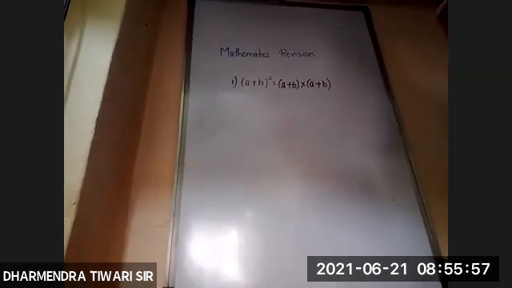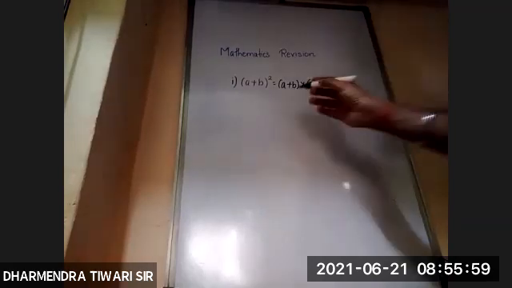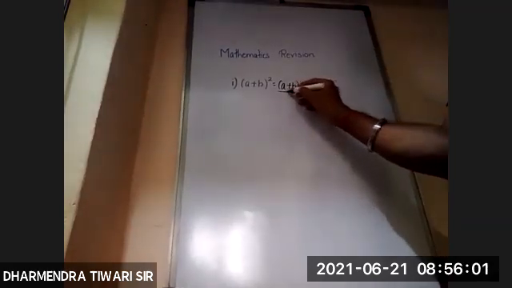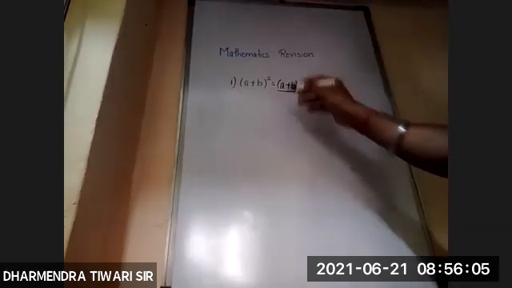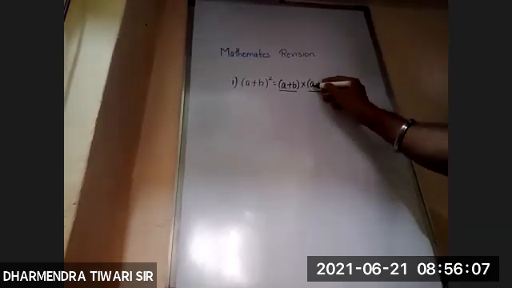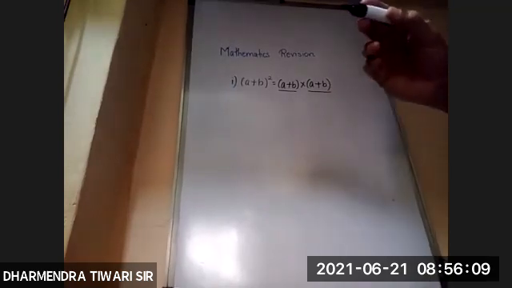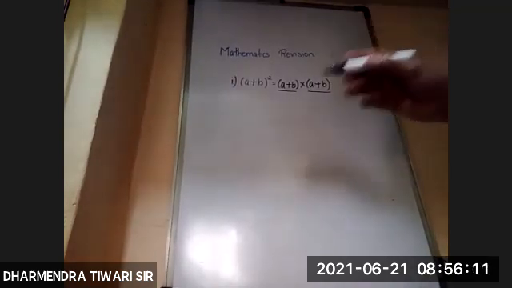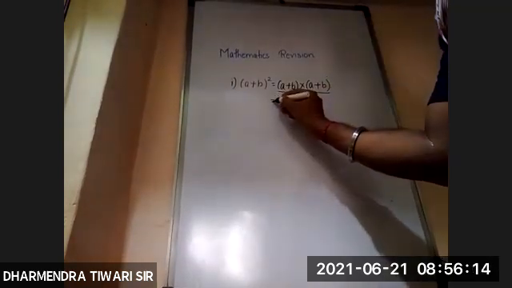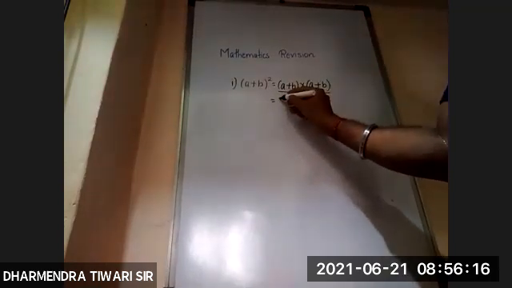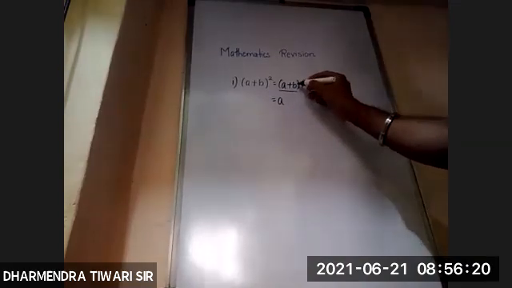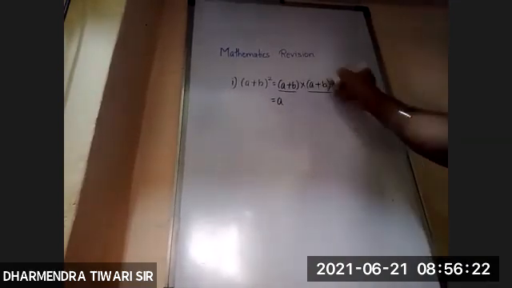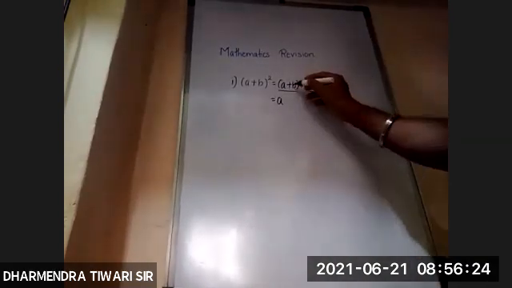Now, this is my first bracket, this is my second bracket. I'm having two terms in the first bracket and two terms in the second bracket. So I will be taking the first term of the first bracket. This is called addition distributes over multiplication.